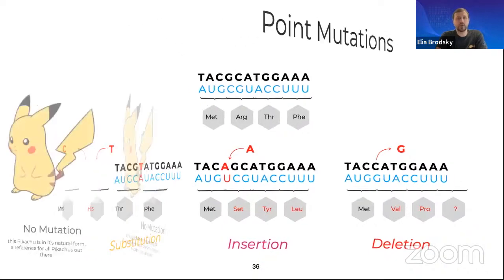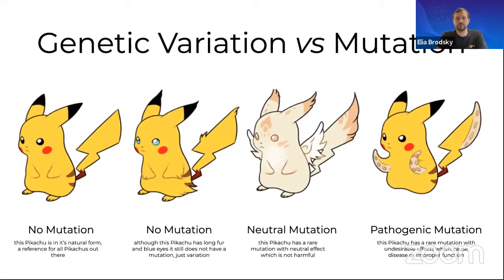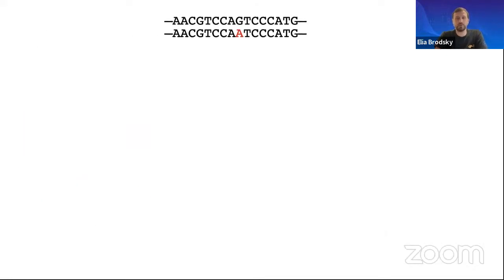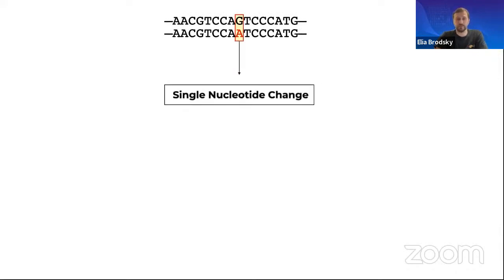And we will discuss what are genetic variants versus mutations versus neutral mutations, pathogenic mutations, and essentially mutations that don't matter. And the way that we will talk about this is we will try to understand the changes at the sequence level, at the DNA nucleotide level.